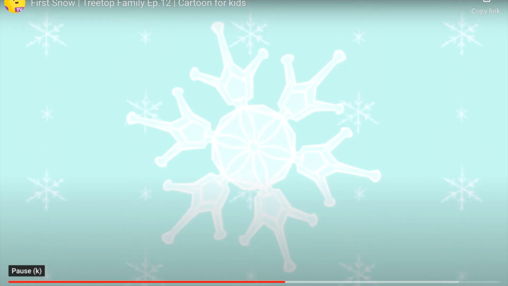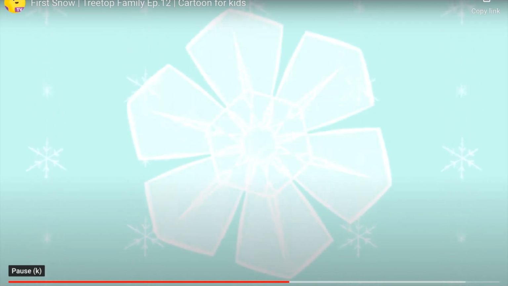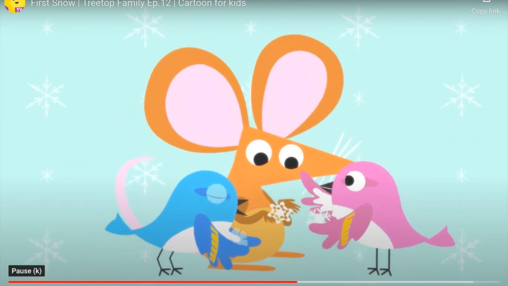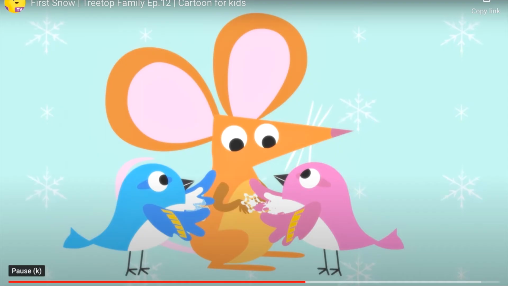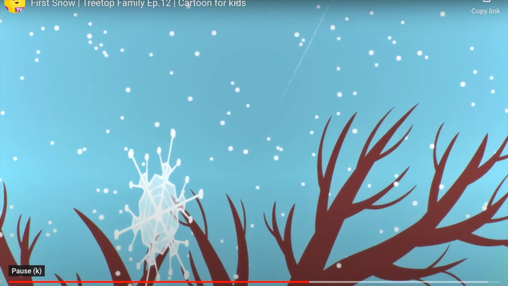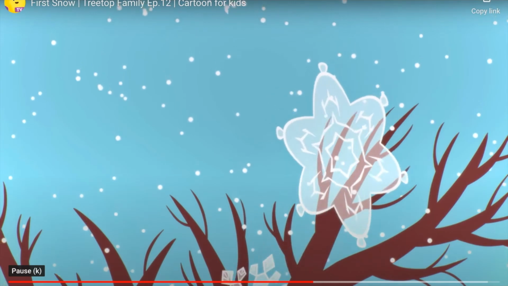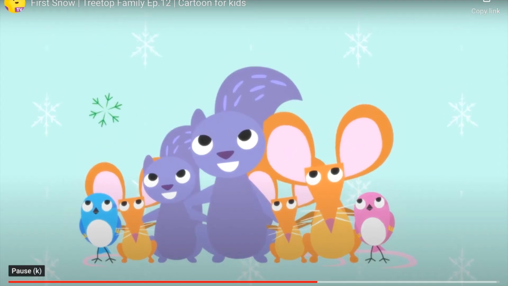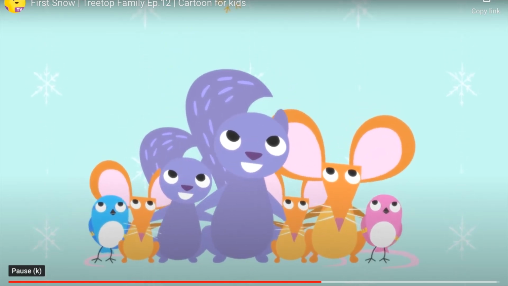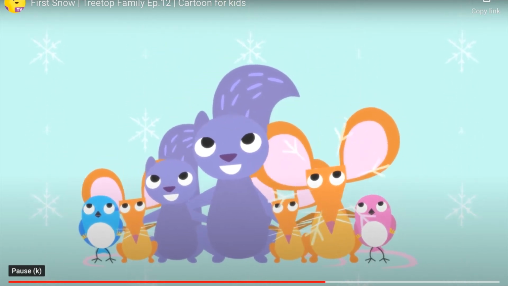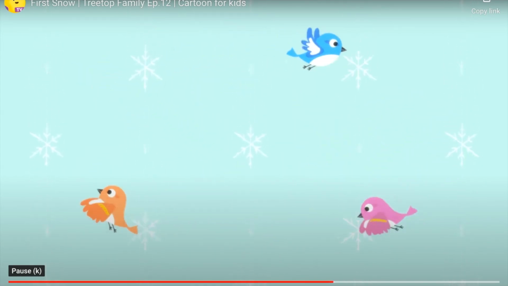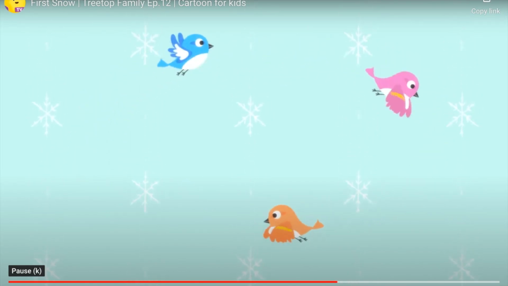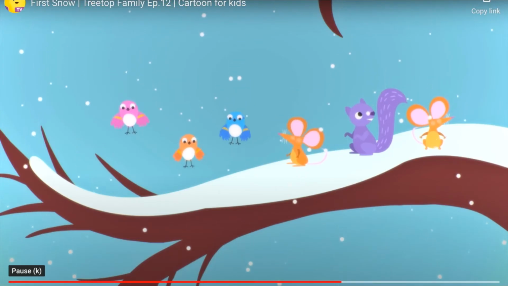Each snowflake is special, unique, different, and beautiful, just like you and me.